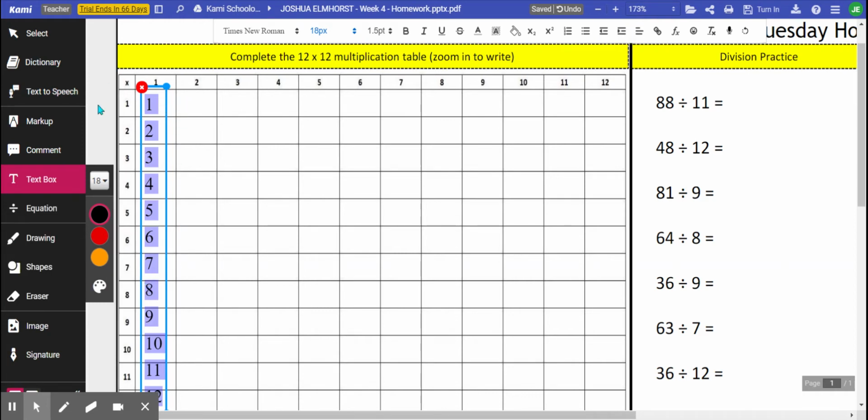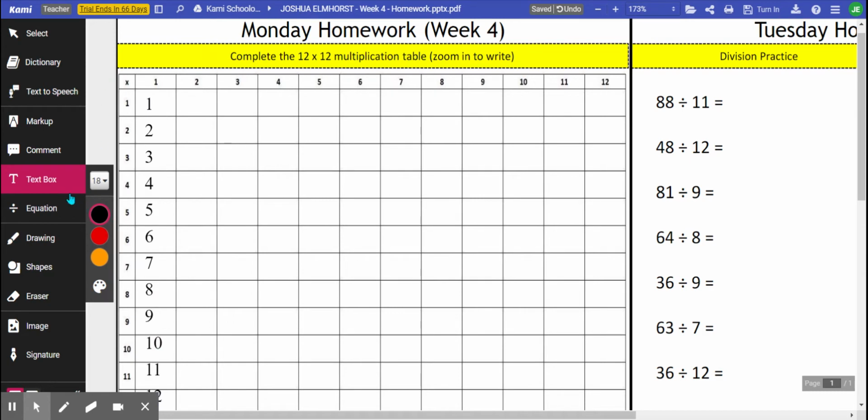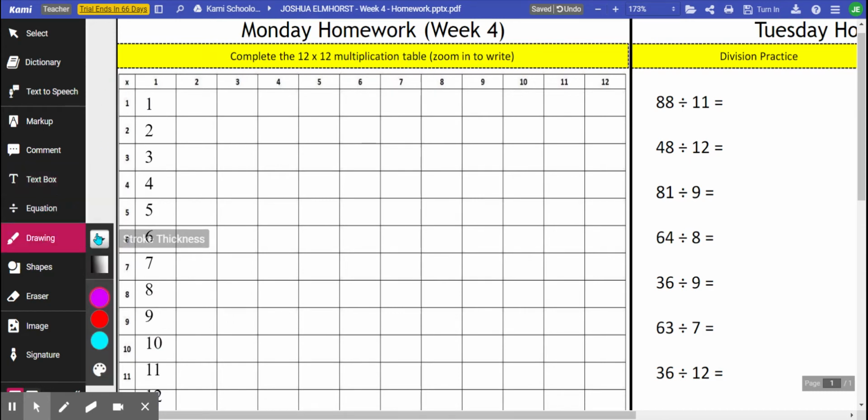Okay, the other way you could do this is using the little drawing tool. And now I like to look at it as counting by multiples, where you count up. So if you look at your multiples of 2, the first one is going to be 2 times 1, and then 2 times 2. But each time you are going to continue adding that same amount. And I like to count in my head.